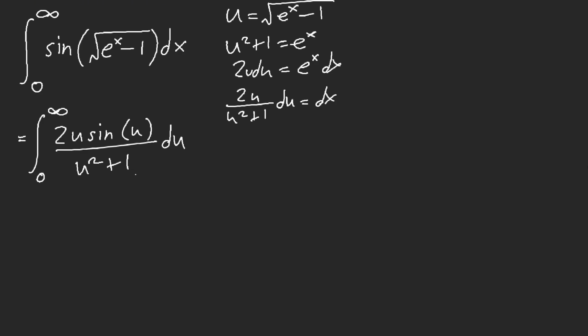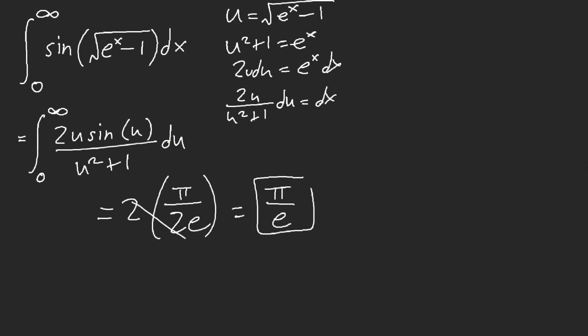And this is a famous integral, a very famous integral. So this is equal to pi over 2e. So our answer would be pi over e. Yeah, it's a very famous integral. You see this a lot. The fastest way is to do residue theorem or complex analysis, but I know nothing about complex analysis, so contour integration is too hard for me.